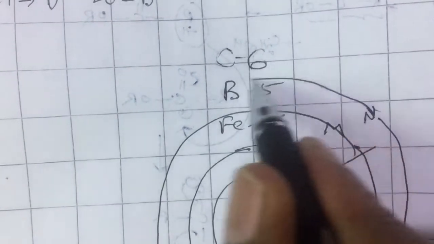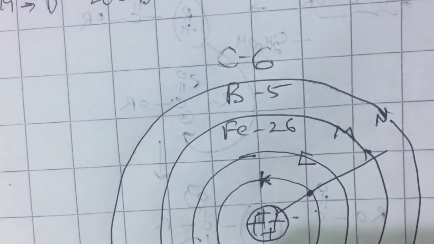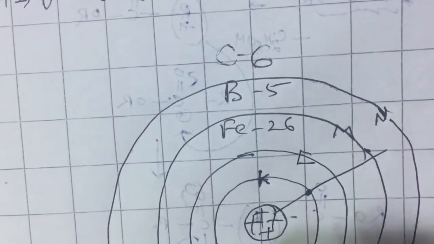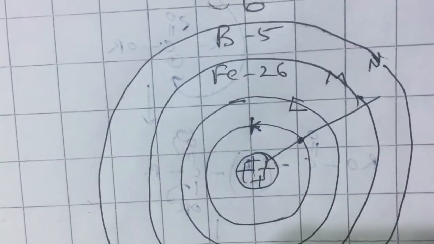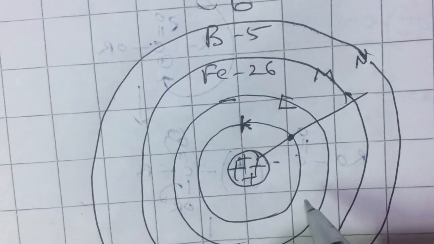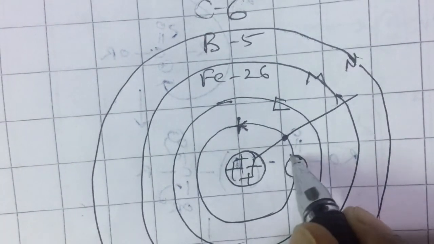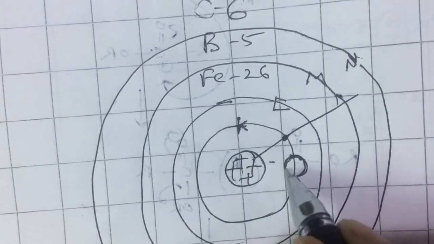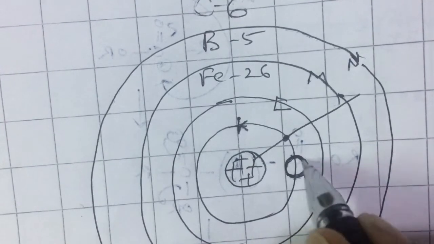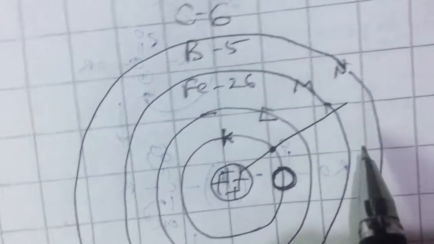Electrons in the N level have higher energy than electrons in the M level, and so on. Now, it has been found that the electron actually exists in three-dimensional space. The space where there is maximum probability of finding an electron is called an orbital.